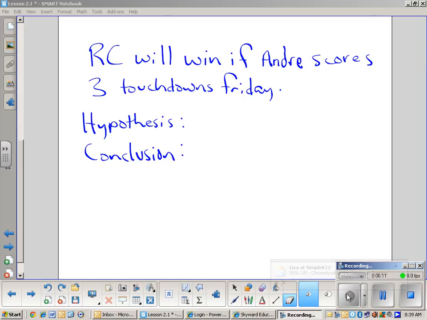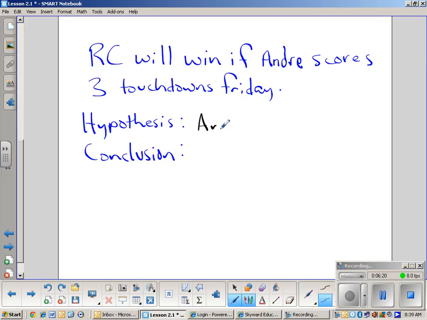Right? So the if part is Andre scores 3 touchdowns. So the hypothesis is Andre scores 3, I'm going to abbreviate, 3 TDs Friday. Okay? The conclusion will be RC will win.